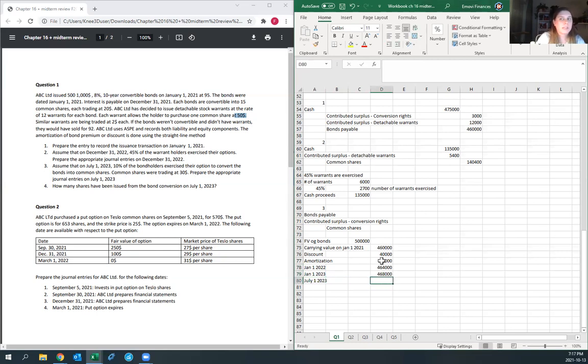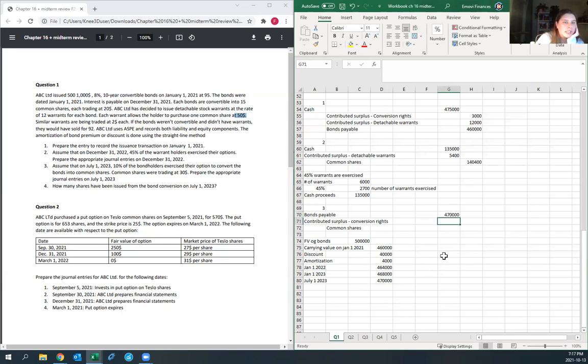You have to take into consideration the number of months that have passed in 2023. That's January, February, March, April, May, June, 6 months divided by a whole year, 12 months, times $4,000, and then plus the amount that was in the books on January 1st, 2023. So that's your debit to the bonds payable. That's your book value.